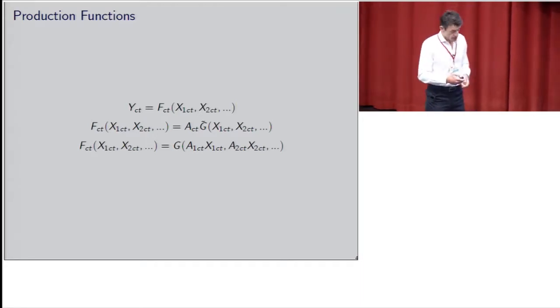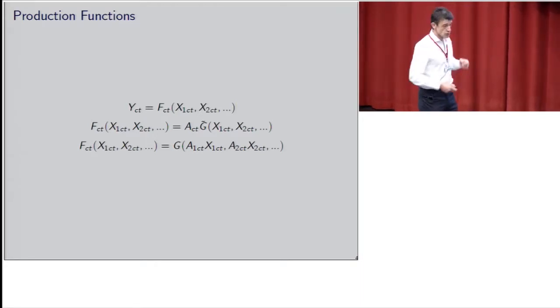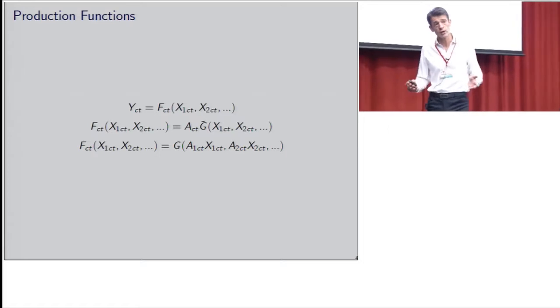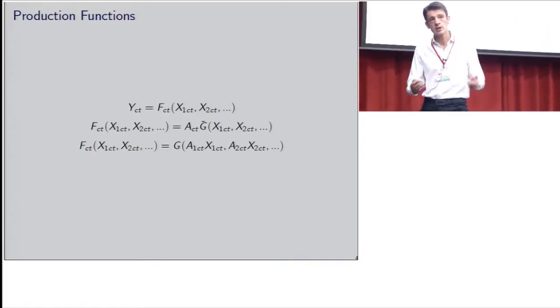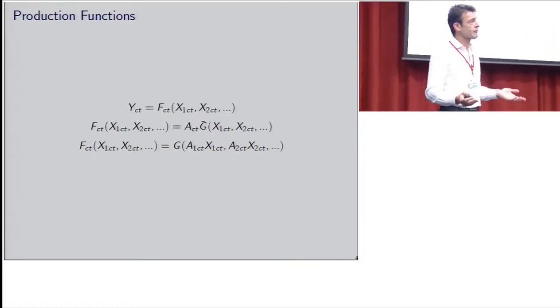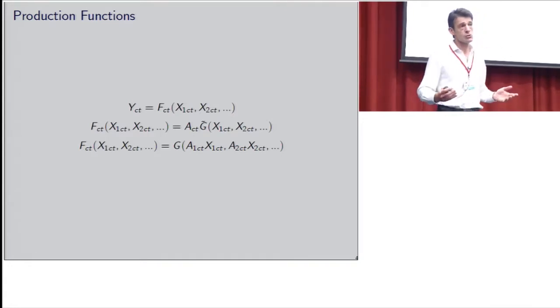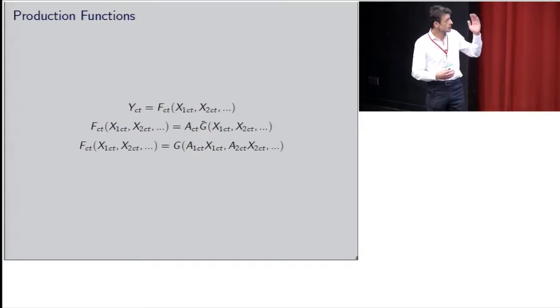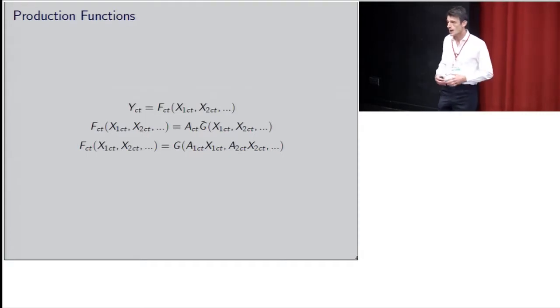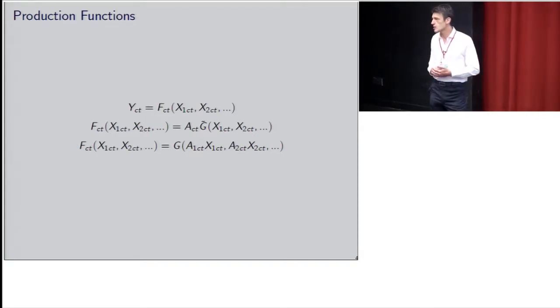Now, when we use the second expression, the factor neutral one, what do we very often do? Typically, we pick a functional form for the G tilde aggregator, or at least put restrictions on the G tilde aggregator. Then we measure the inputs, x1, x2, we measure the output y, and then we back out the A as a residual.